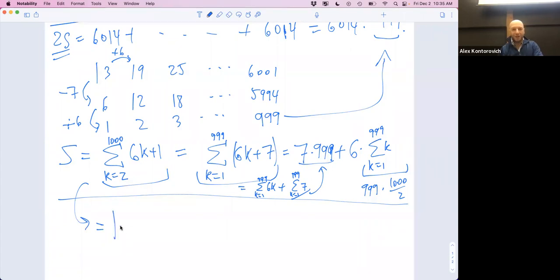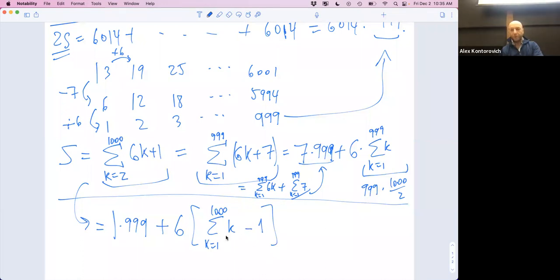So you're adding 1 to itself 999 times. And then you have 6 times the sum of k from 2 to 1,000. Well, that's the sum of k from 1 to 1,000, except you're forgetting the first term.